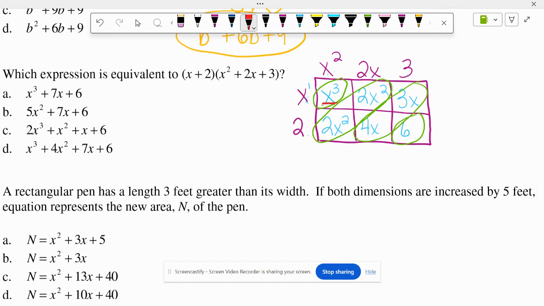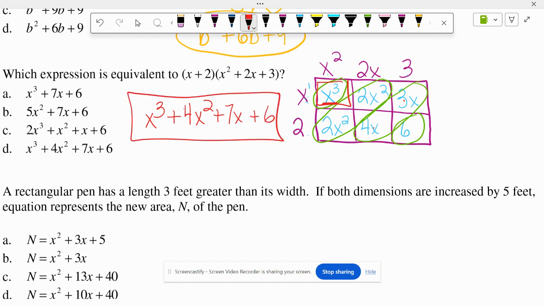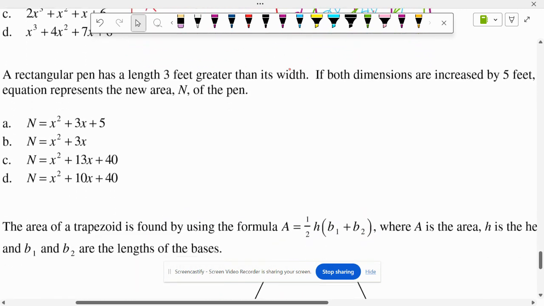Help them out, Carla. Can't be combined with anything. What is that? Okay, x to the third. And then 2x squared plus 2x squared is? Perfect. 4x plus 3x is? Last term, plus 6. Answer choice D.